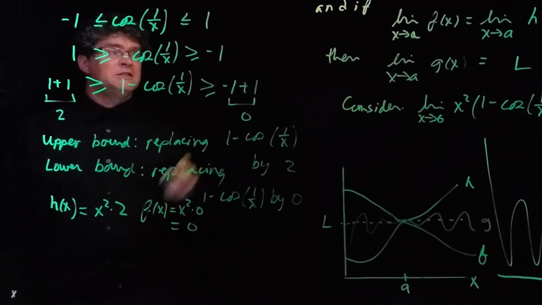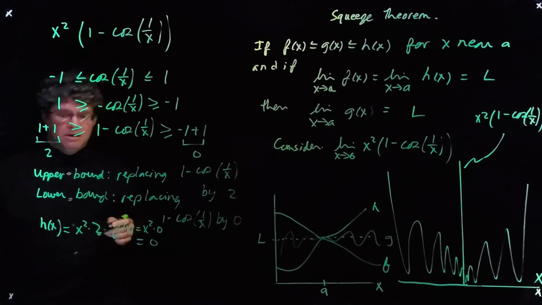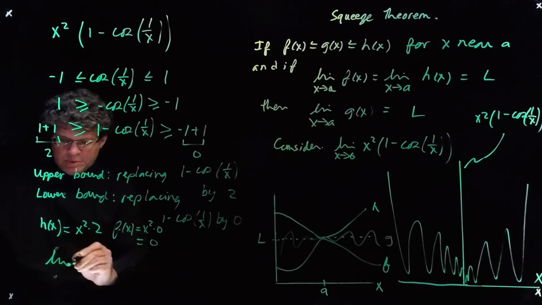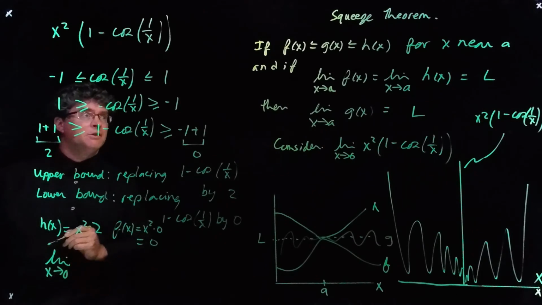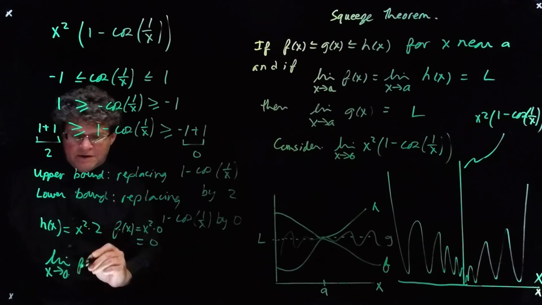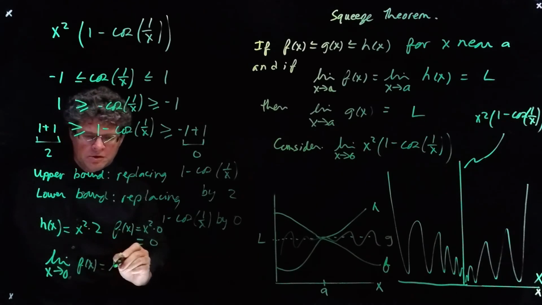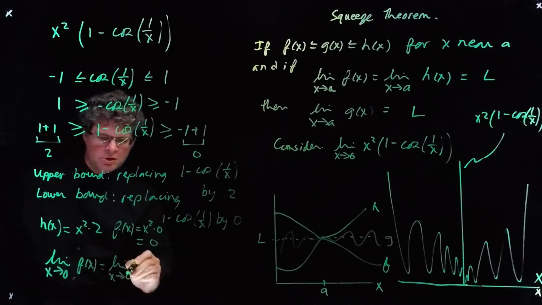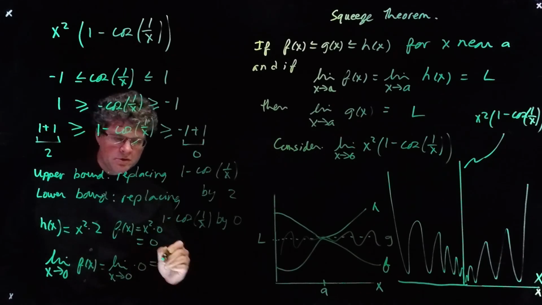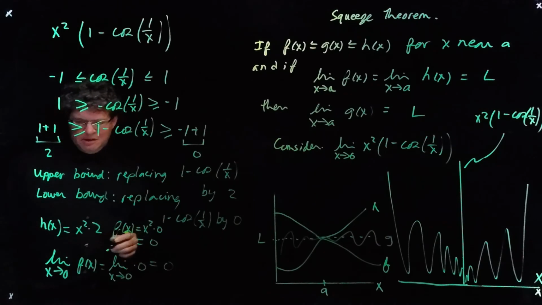Now we want to check to see if we can find this limit L. So the limit as x approaches a, which is 0, of f of x is equal to the limit as x approaches 0 of 0, which is equal to 0. That part was easy.